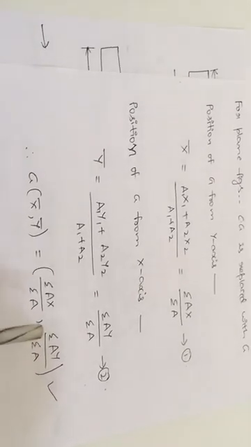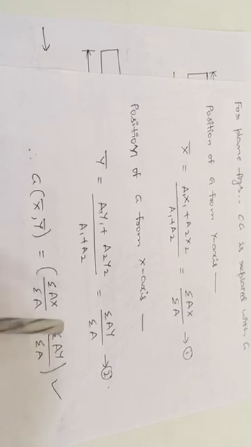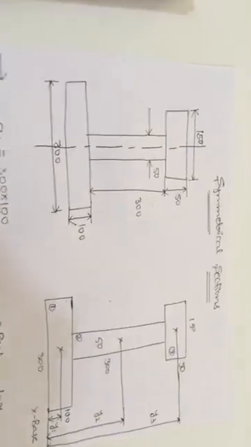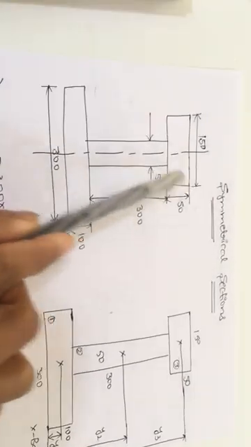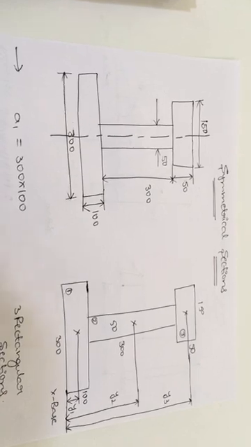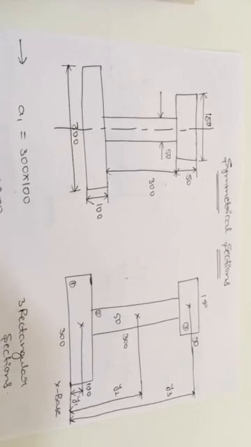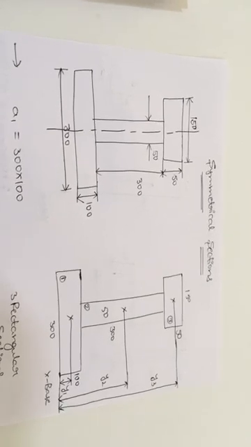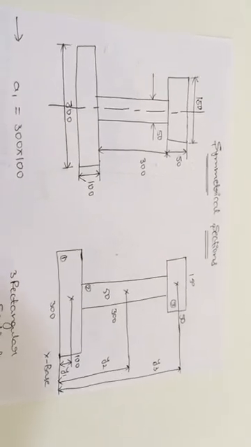So in the complete problem you need to calculate the areas and x distances and y distances. Now here how many sections are there? Three sections are there. So by combining the centroids of the individual sections, we will get the total centroid value.